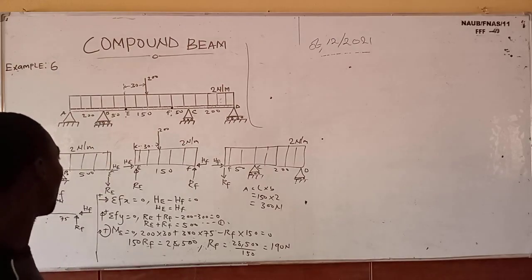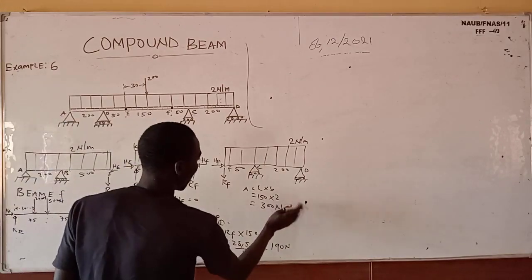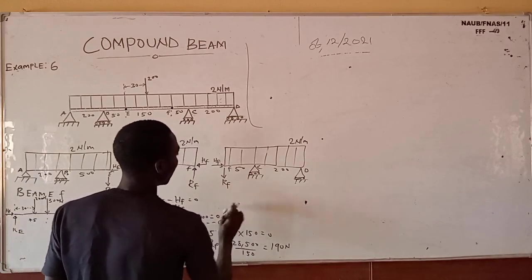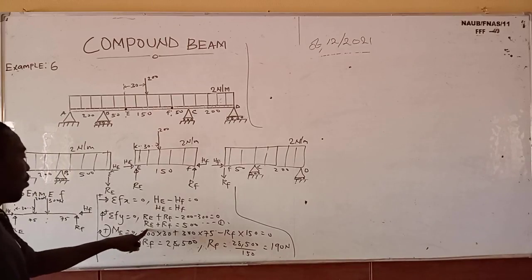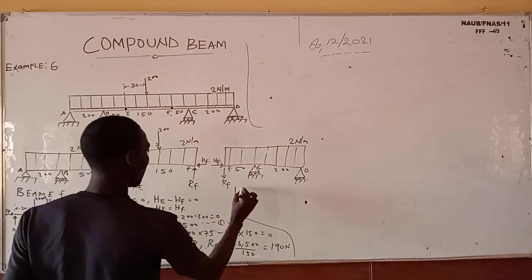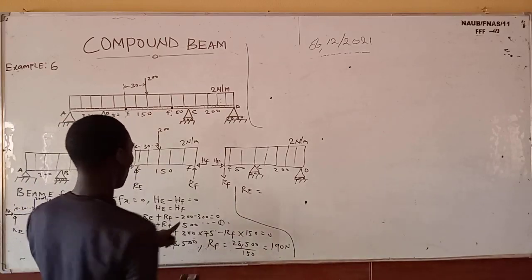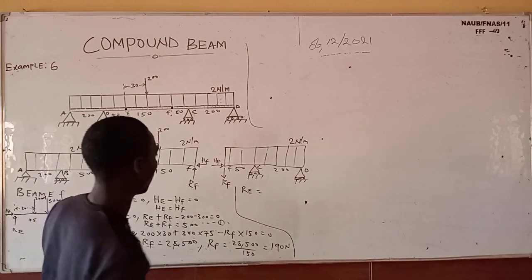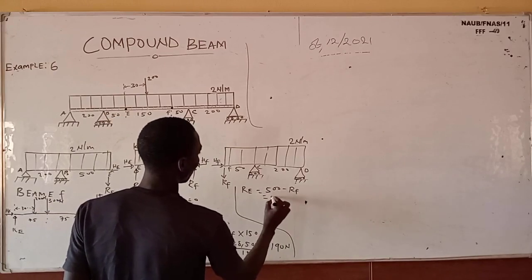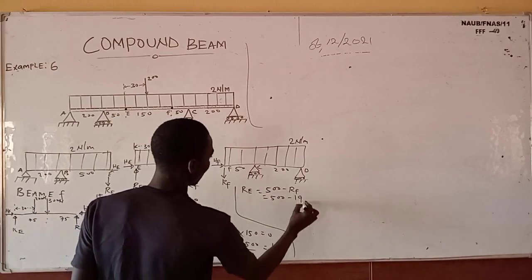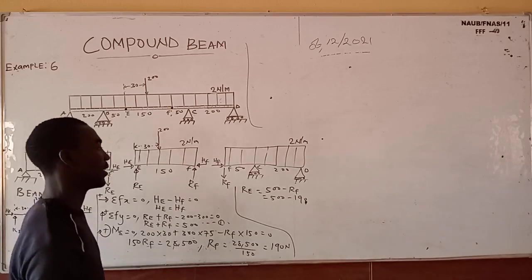Okay, so the next thing we are going to do is to calculate our R_E. Can we get our R_E? Yes, we can get it using equation 1. From equation 1 we have R_E plus R_F, so R_E will be equal to 500 minus R_F, which is 500 minus 190, because R_F is 190.